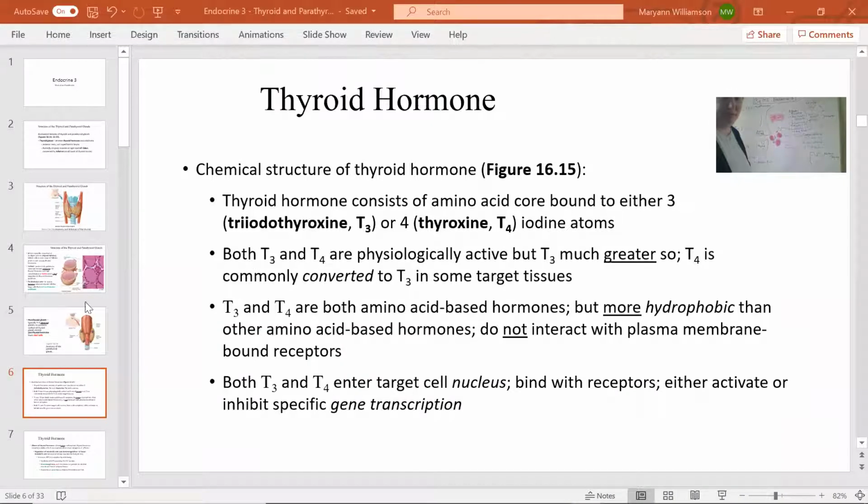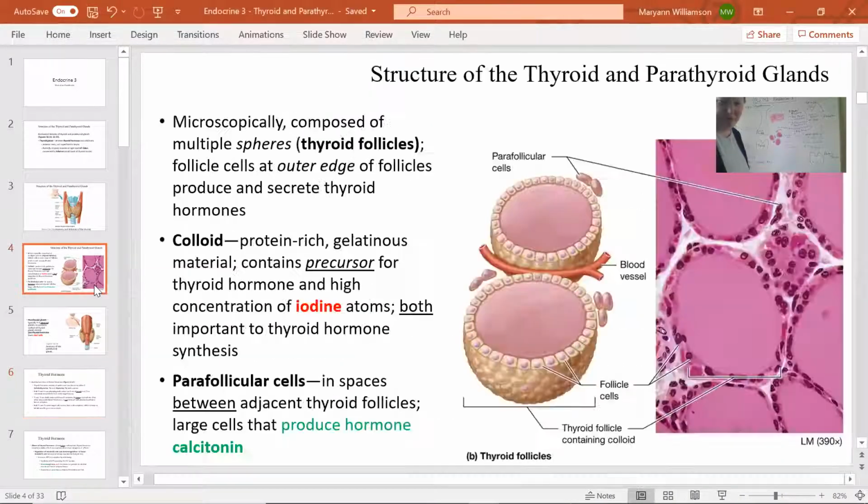Oh, and we sort of saw the picture here. Here are your follicle cells, and here's a colloid. Your parafollicular cells are not labeled in this diagram. See how they're round? This is going to have iodine, and over here it just says precursor, but it's really thyroglobulin. It's going to be secreted into there.